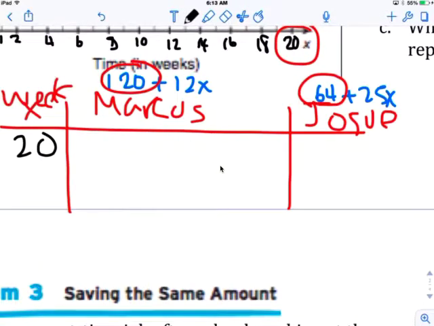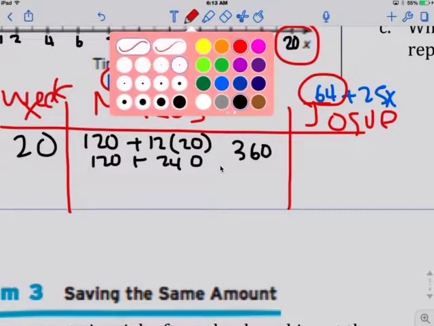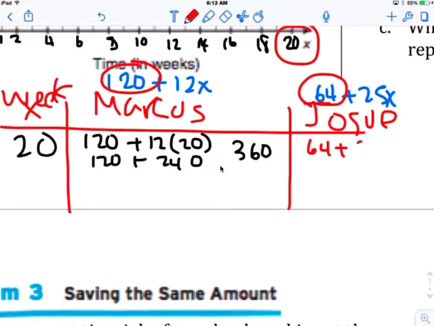So 120 plus 12 times 20. That's 240. 120 plus 240 is 360. Now Josue: 64 plus 25 times 20.